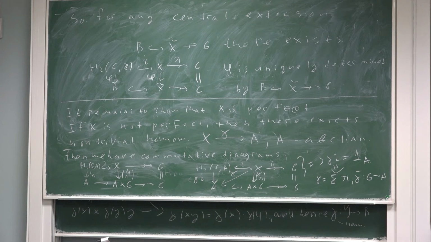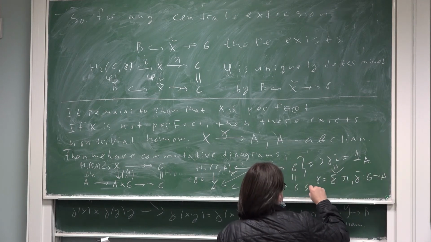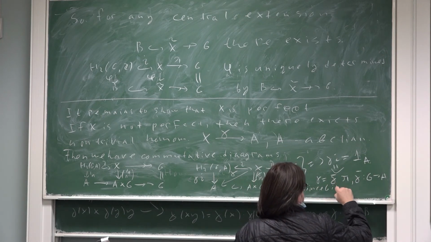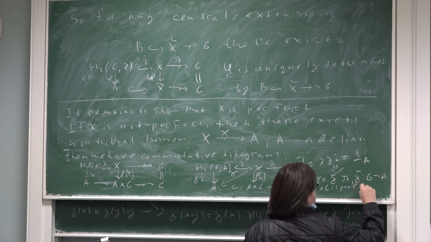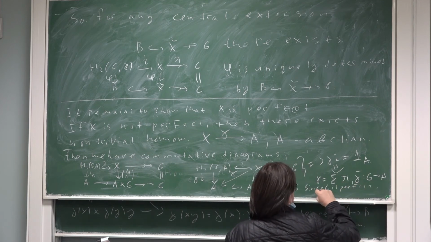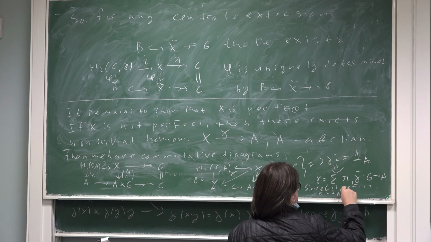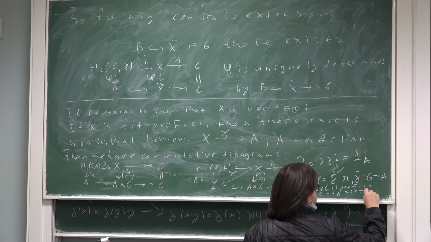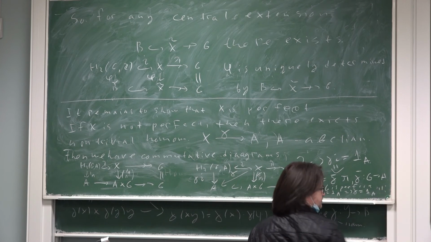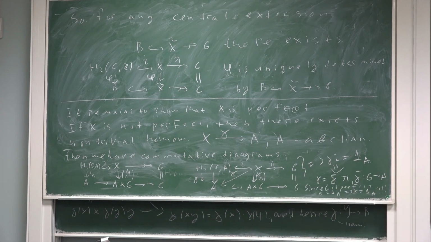But G is perfect. Gamma prime is 1a and hence gamma is 1a, and this contradicts the assumption that gamma is non-trivial.